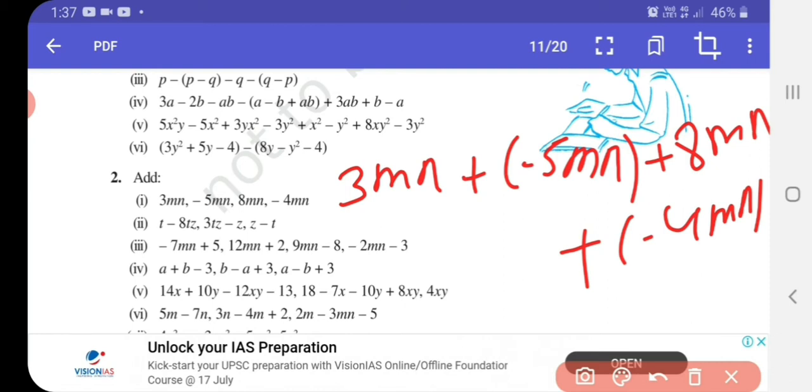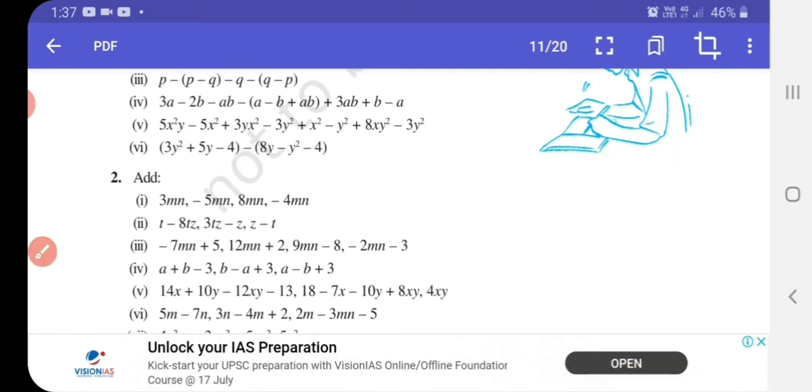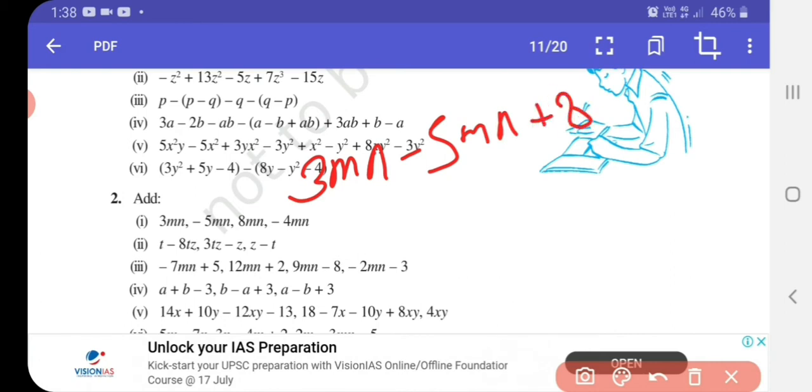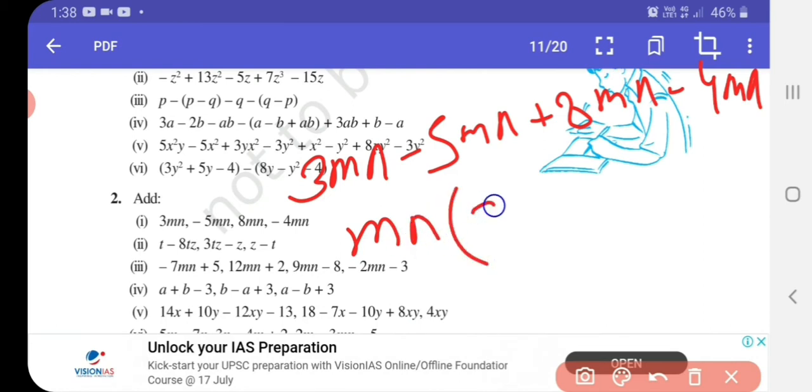So first 3mn, plus into minus is minus 5mn plus 8mn minus 4mn. In all these terms mn is common, so take it common, and in the bracket 3 minus 5 plus 8 minus 4.